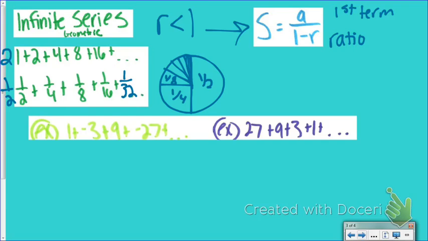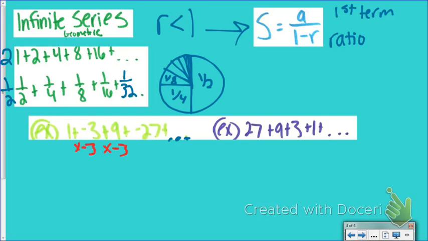Alright, so if you look at this first example, this is an infinite series. It keeps on going, there is no end. So in order to find out if there is a sum, okay, I need to find out, first of all, what is my common ratio? So if you look at this question, my common ratio here, when I'm multiplying by each time, is a -3.